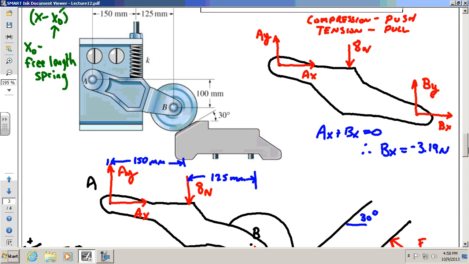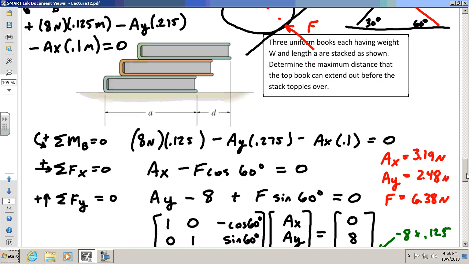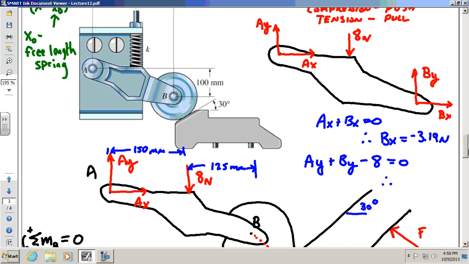So what? And since AY plus BY minus the 8 newtons from the spring equals 0, and I know that AY, look down here, is 2.48 newtons: 2.48 plus BY minus 8 equals 0.